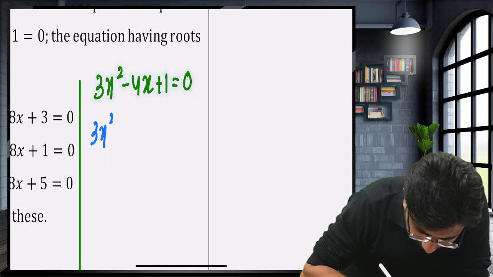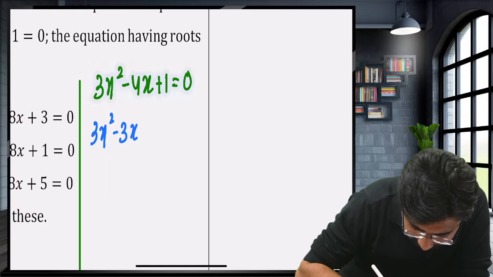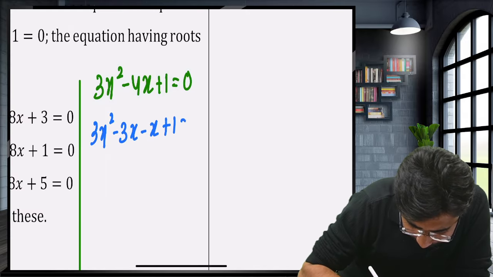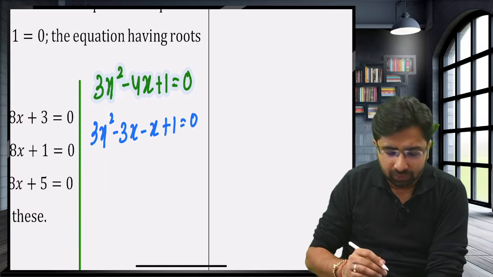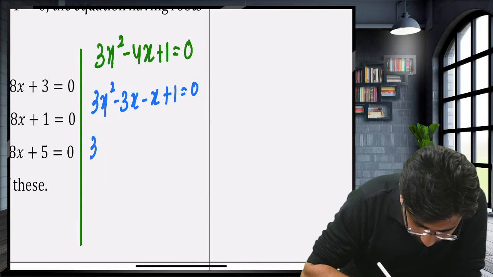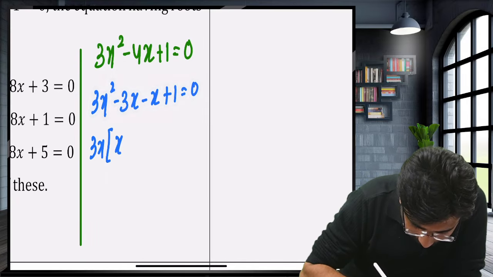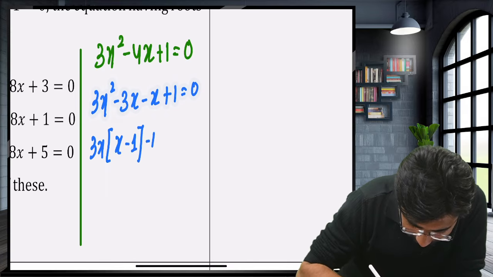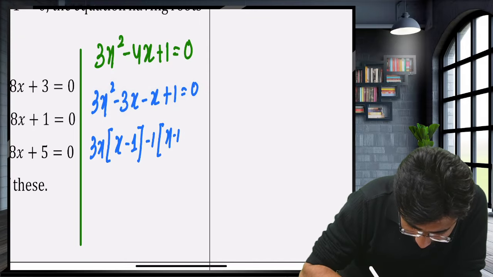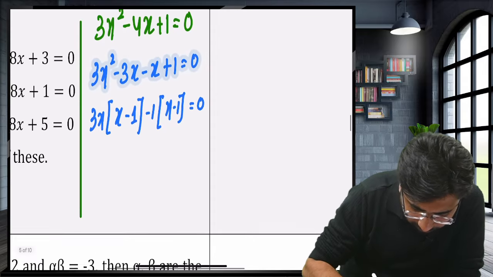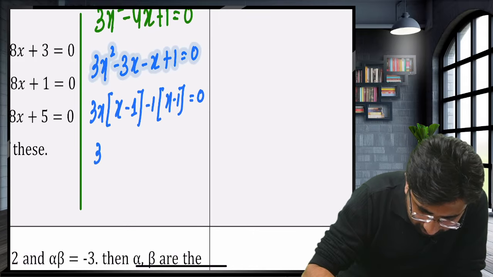3x square minus 3x minus x plus 1 is equal to 0. Let's take 3x common: 3x into x minus 1. Let's take minus 1 common: minus 1 into x minus 1 is equal to 0. Let's take x minus 1 common.